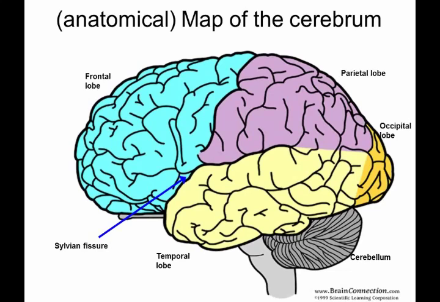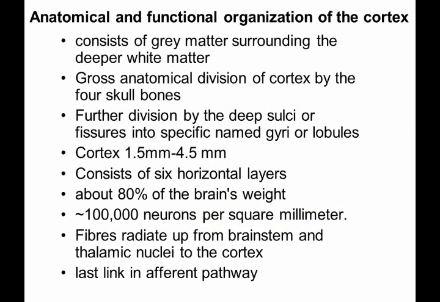Officially fissures? Okay, fissures. So the fissures are actually on top. We don't see that here. That's the main one, front to back, and over there as well, the Sylvian fissure. 4 skull bones, yes. Right, we've got the further division by the sulci and the gyri.